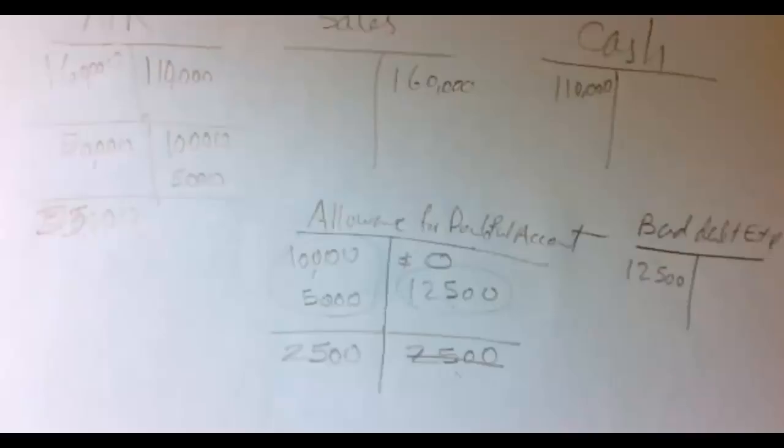That means if I am the auditor, I'm going to ask this company, how much did you estimate last year? And they say 25% of accounts receivable.